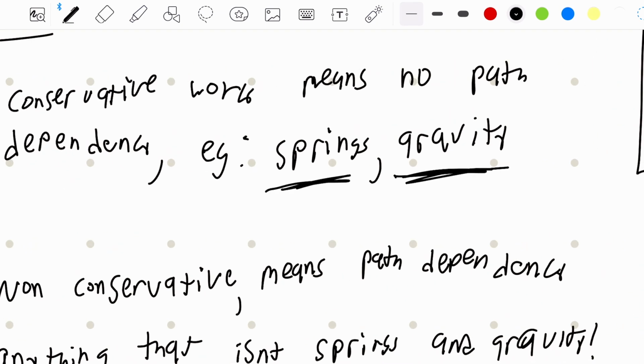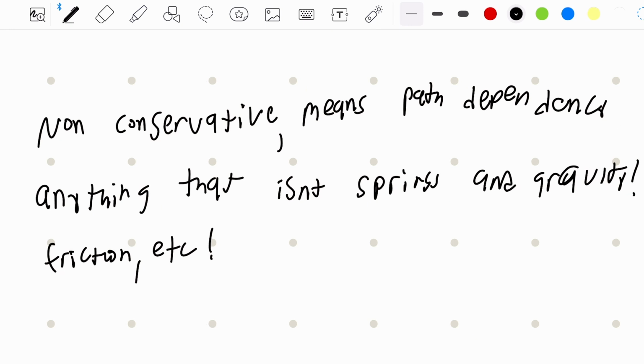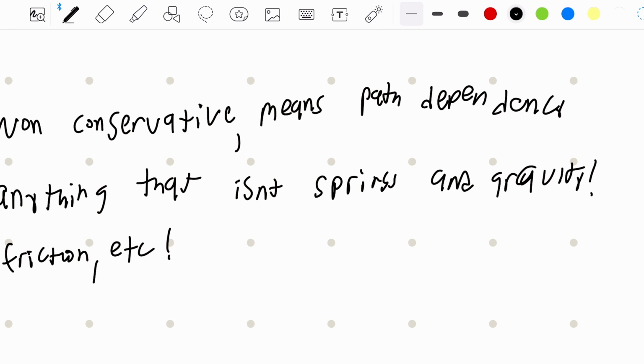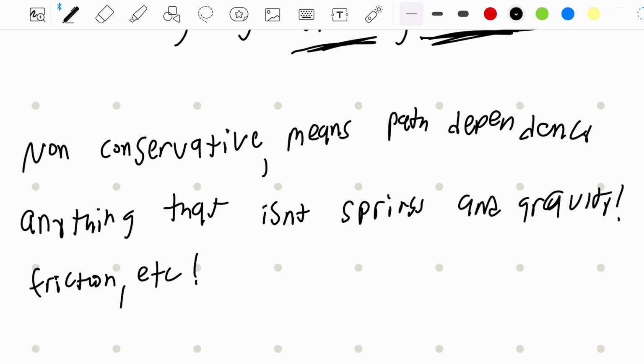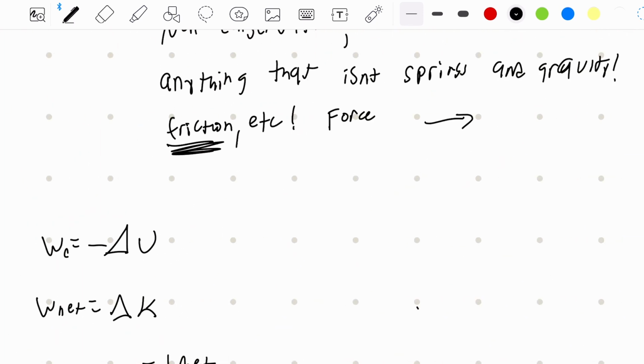Nothing else. If you see a spring, that is a conservative force. If you see gravity, that is conservative work. Non-conservative forces in Physics 1 are anything other than those two. Mainly friction. Friction is the biggest one. If you see friction, you should always know that that is non-conservative. Always. Also, if you see just any random force, someone putting a push, that is also a non-conservative force.